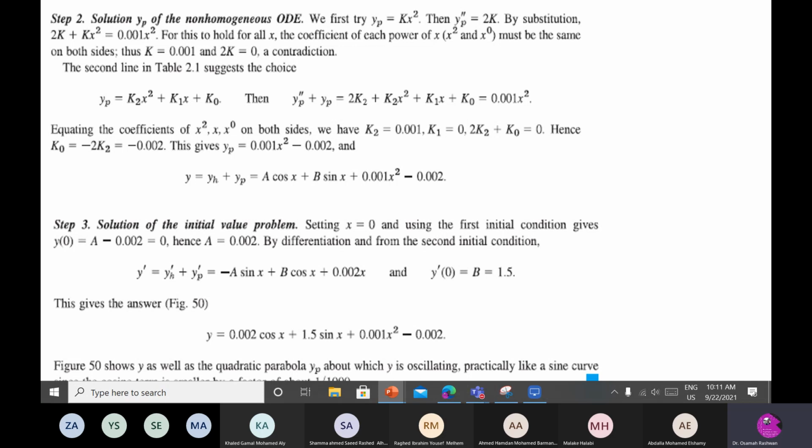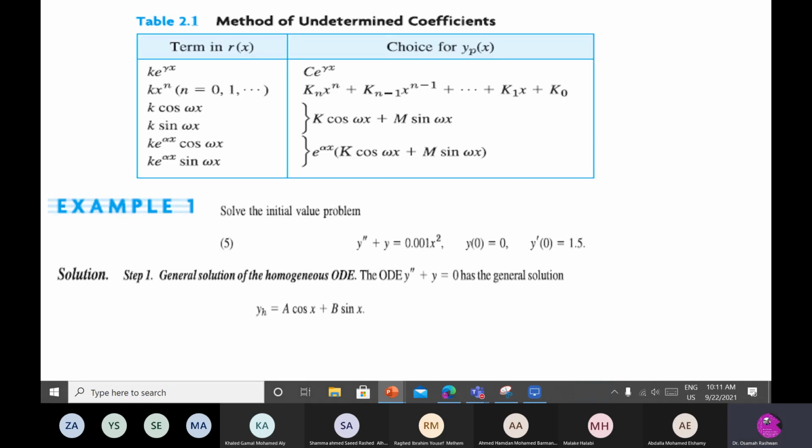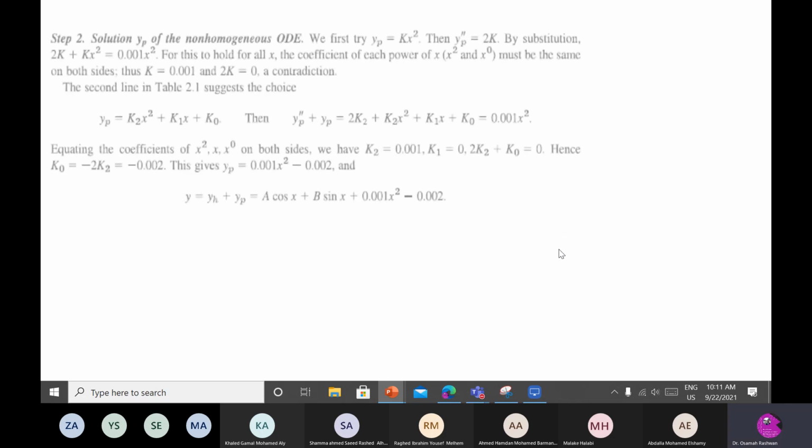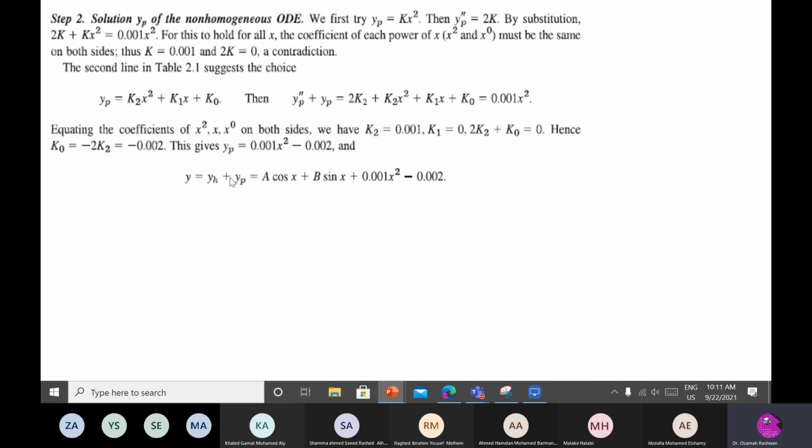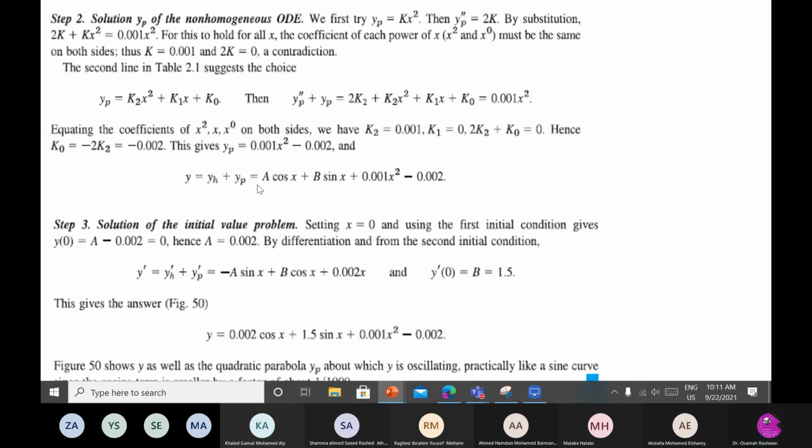If you would like to check the initial condition, because you have initial conditions here, y at 0 equal to 0, y dash of 0 equal to 0. So I have the general solution, which is the sum of the yh plus yp. I just substitute by y dash, so b will equal to 1.5.